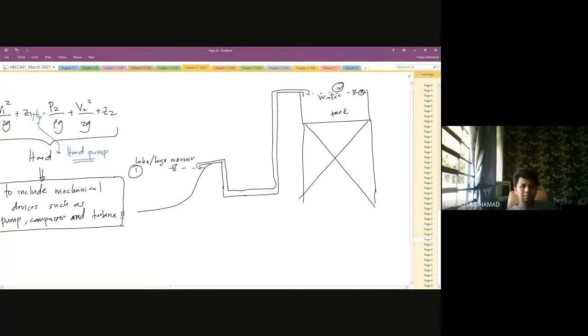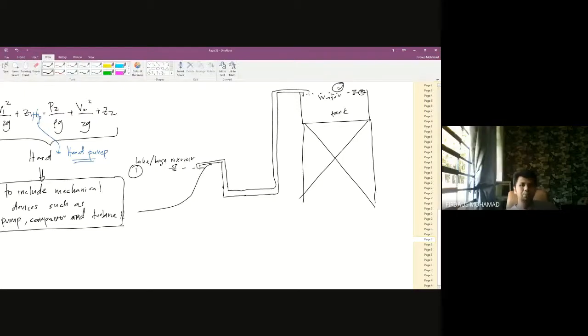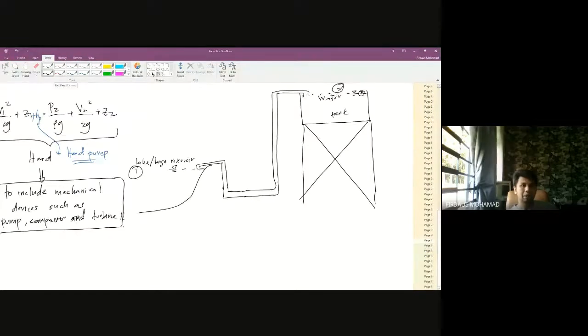By principle, if the water tank is higher than the water level, the water will not rise by itself to the water tank. Logical, right? It will not rise if there is no pump. So in order to bring the water from this reservoir to the water tank, we need what we call a pump.